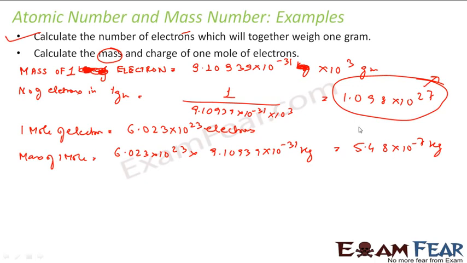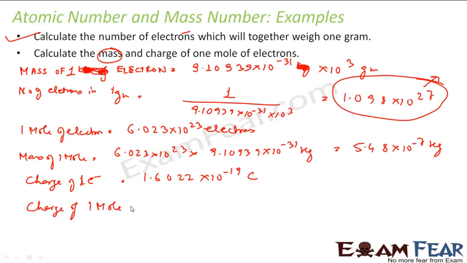I have to find the charge of 1 mole. I know charge of 1 electron is how much? That is nothing but 1.6022 into 10 to the power minus 19 coulomb. This is charge of 1 electron. So charge of 1 mole of electron will be how much?